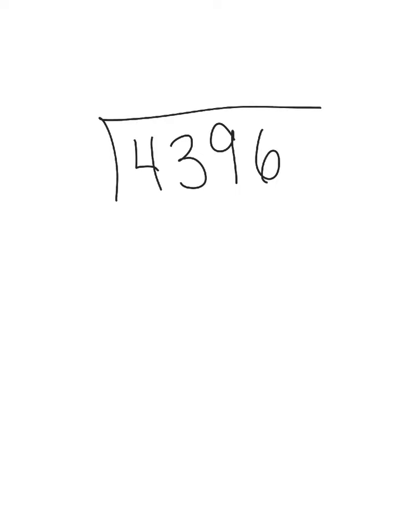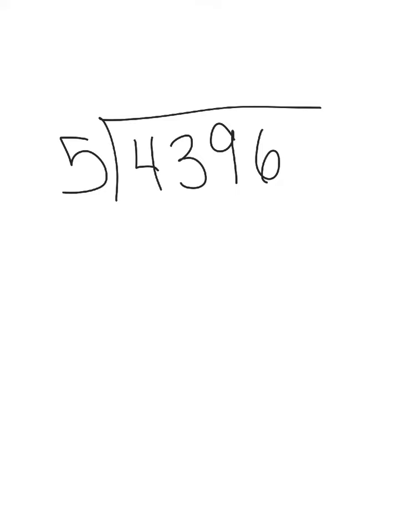We are going to do one more problem together. We are going to divide 4,396 into 5 equal groups. We're going to use our steps: divide, multiply, subtract, bring down.